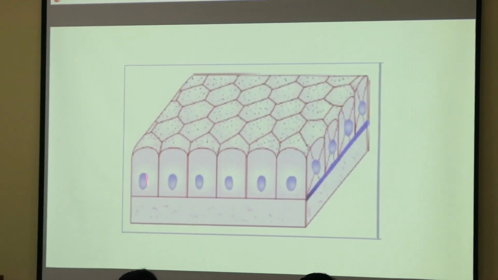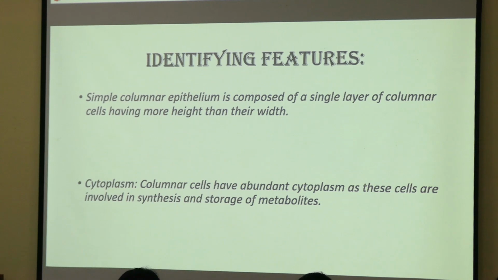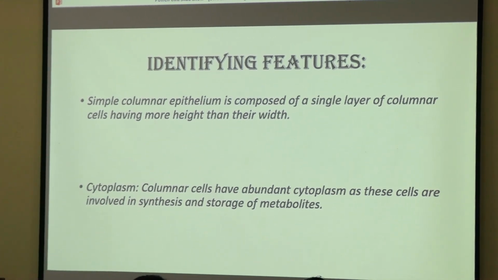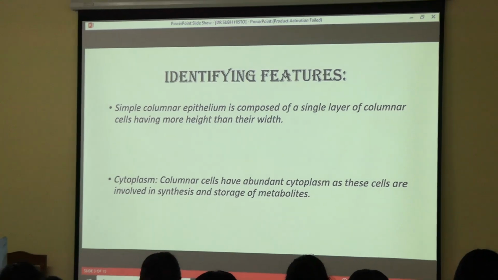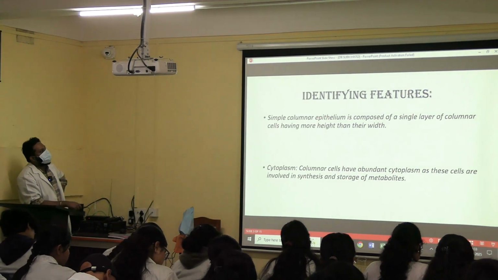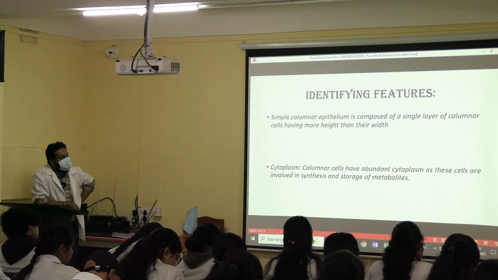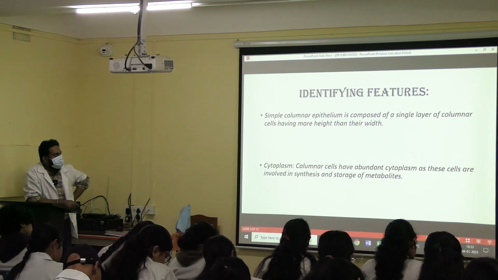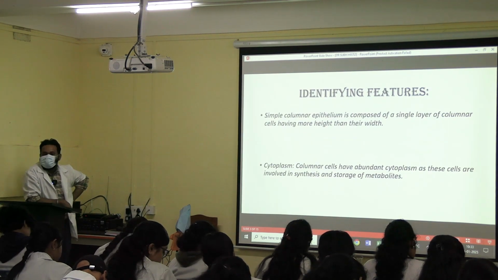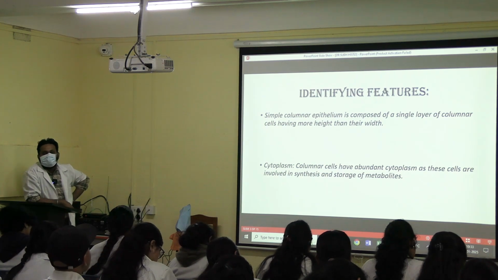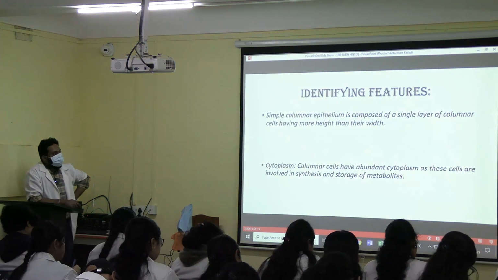You can see. Because they are involved in synthesis and storage of metabolites. Again, simple columnar epithelium is composed of a single layer of columnar cells having more height than their width. And columnar cells have abundant cytoplasm because they are involved in synthesis and storage of metabolites.